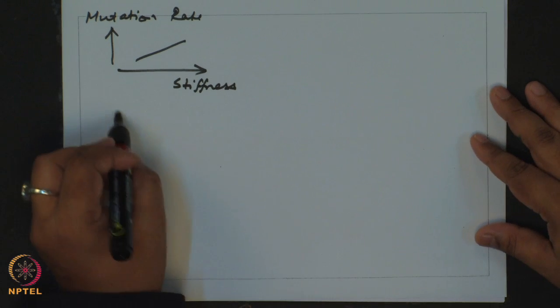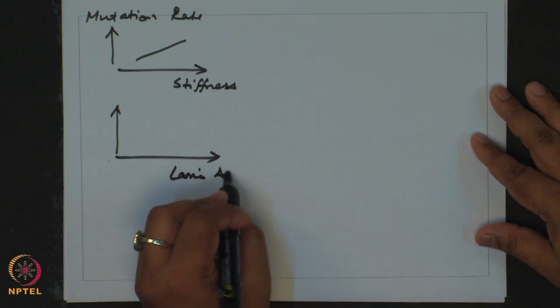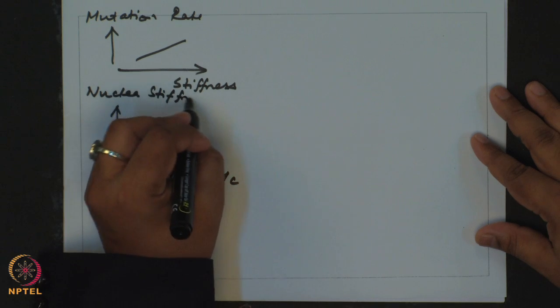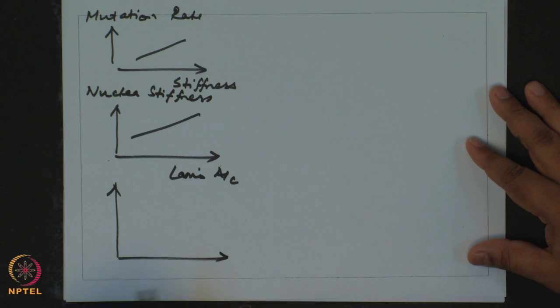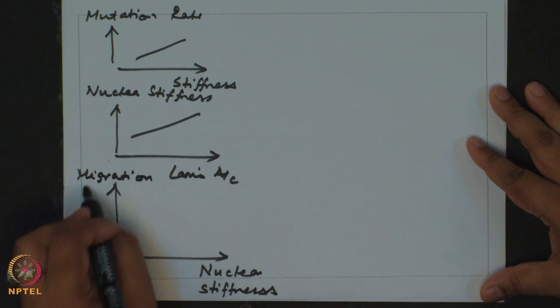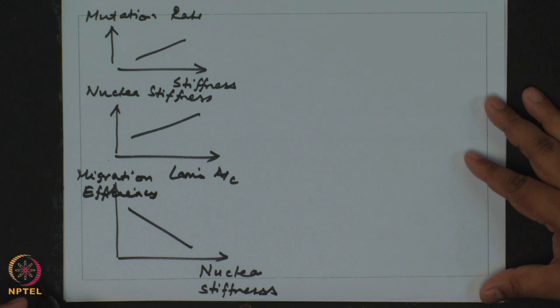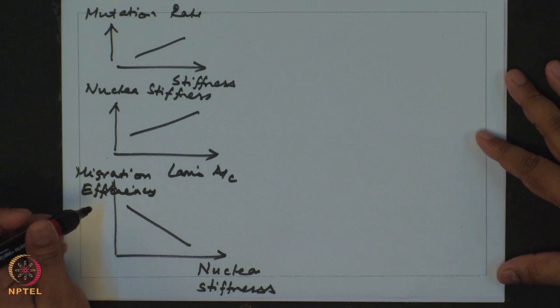Lamin AC and nuclear stiffness are also positively related, and nuclear stiffness and migration efficiency have a negative correlation. So, if the nucleus is very stiff, then it is less efficient in migration.